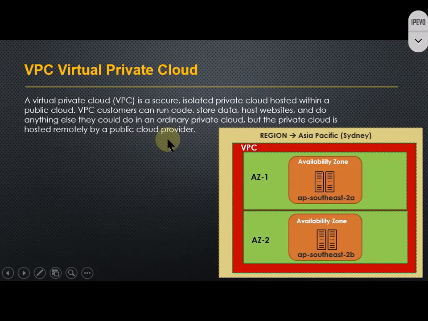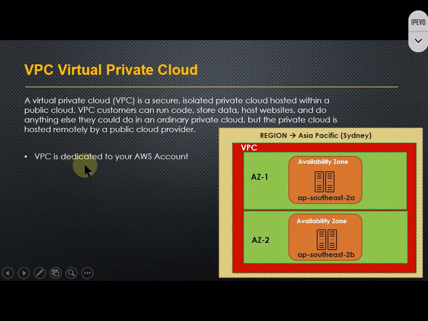The public cloud provider could be Amazon Web Services, Google Cloud GCP, or Azure. So we are going to have one account and then create one VPC. A VPC is nothing but one virtual private cloud, but it should be inside the region.